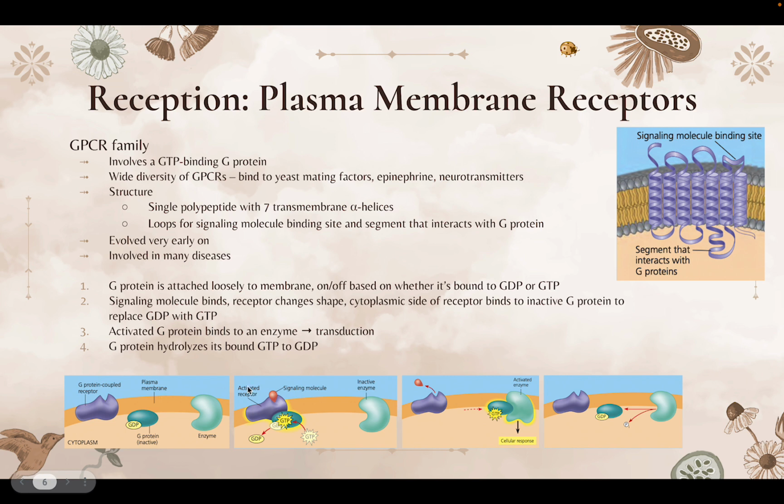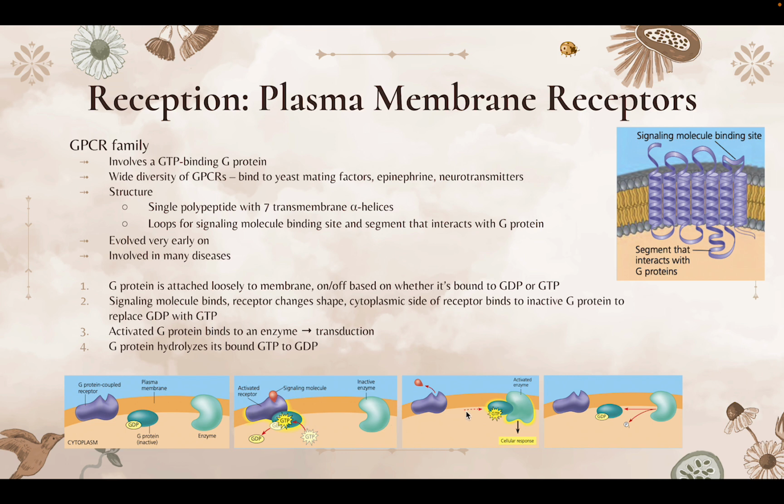So the second step is our signaling molecule binds to our receptor, and that activates our receptor and makes it change shape. And then on the cytoplasmic side, it's going to bind to that G protein, and what happens there is the GDP gets swapped out for a GTP, and all of a sudden the G protein is also activated.